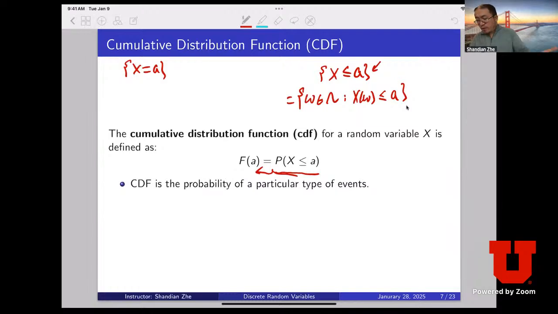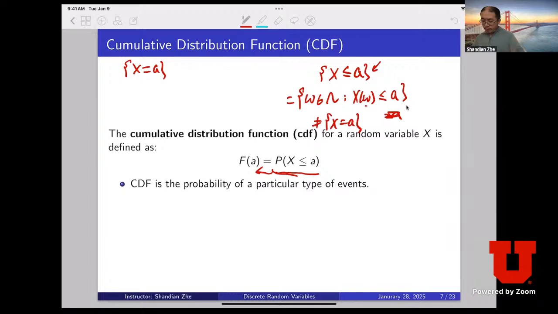In our previous case, when you evaluate X at this element omega, the value should be exactly A, right? But now we want the value to be less than or equal to A. And of course, this event won't be the same as that event, right? Therefore, the probability won't be the same as well.